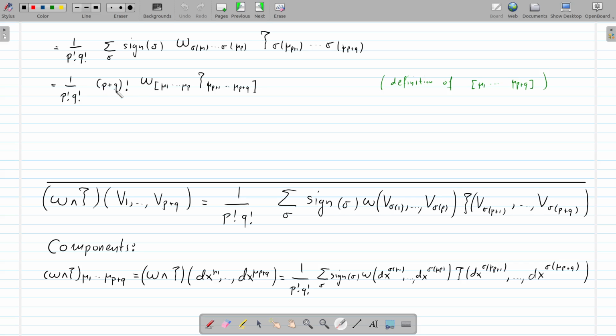So this (p plus q) factorial comes because here we consider all possible permutations but normalized by (p plus q) factorial. And there is no such factor here, so we add it there.